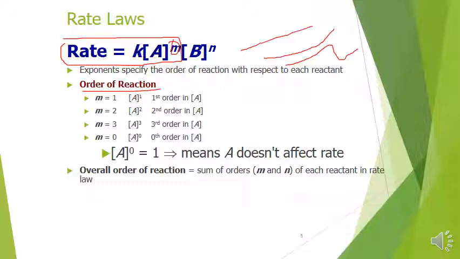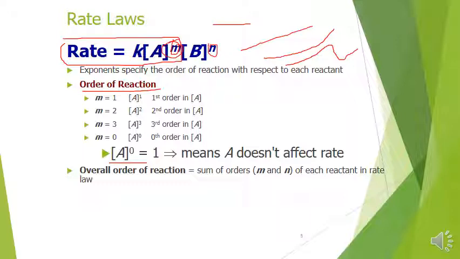We hardly ever see it go like this, we usually just see it in this first phase up here. And then you could actually have zero order, where as you increase A, nothing happens in the reaction. In that case, it'd be just flat. Also, the overall rate will be the combination of these two.